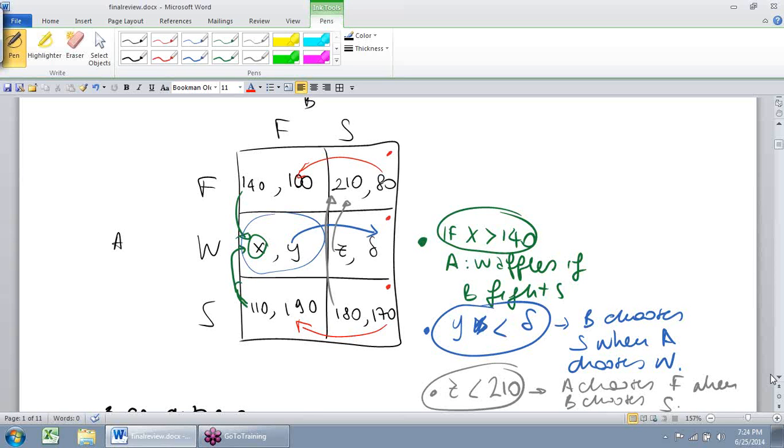So again, the three conditions that we need to have non-Nash equilibrium in this game are that X is greater than 140, that Y is smaller than delta, and that Z is smaller than 210.